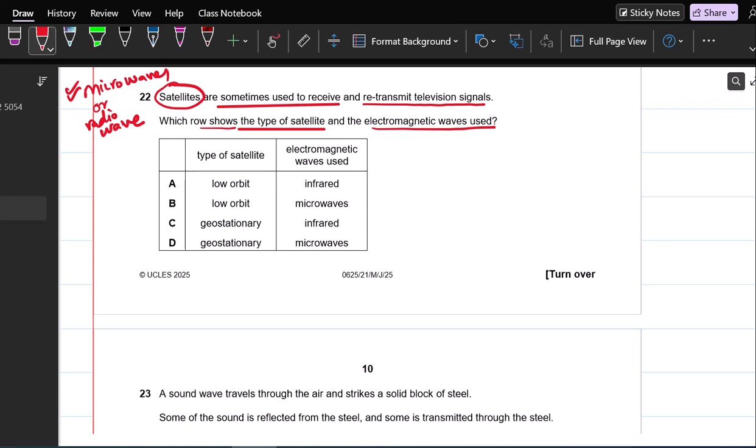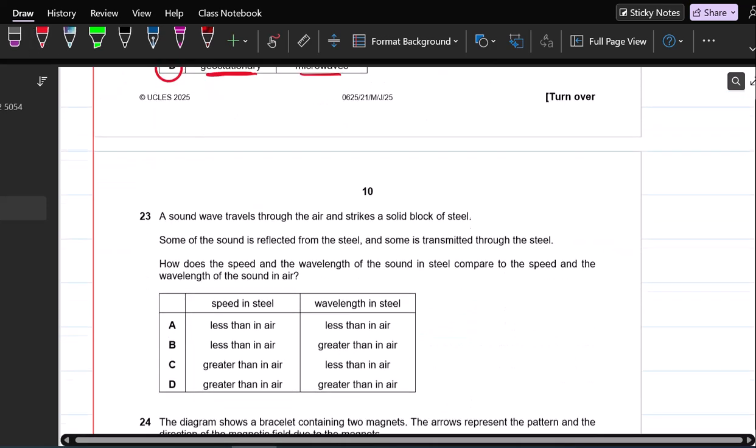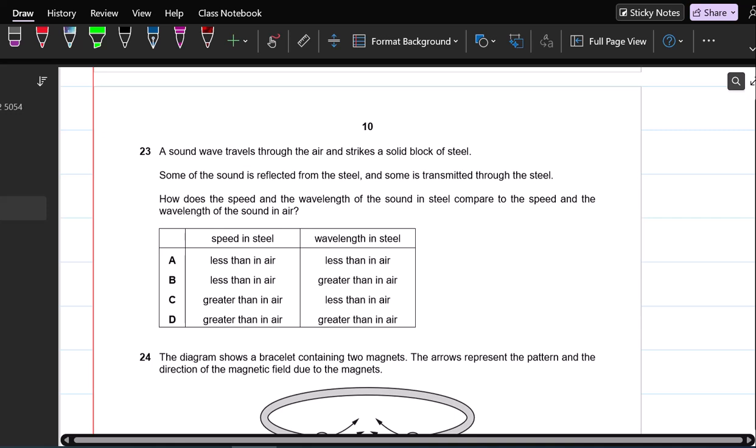So low orbit is not possible. Infrared is not, by the way, an option. So geostationary satellite and microwave. So this is basically the application. So D is right.